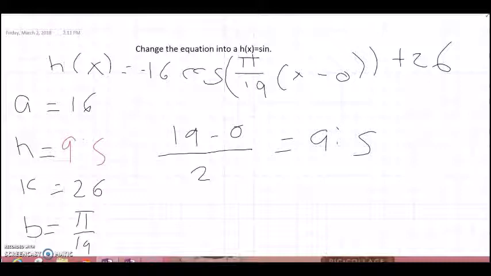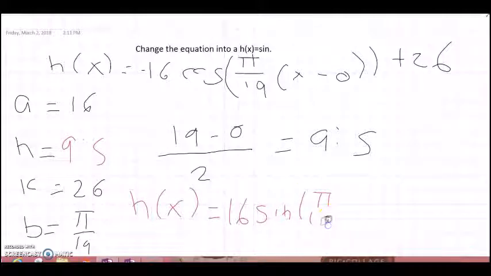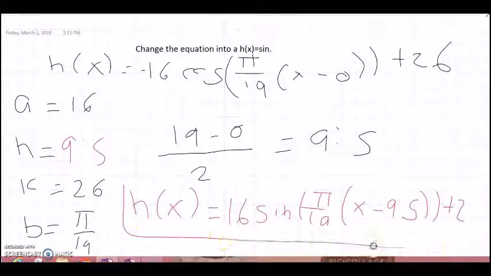And now we can put it together. So h of x is equal to 16 sine, because that's what we are turning it into, pi over 19 x minus 9.5 plus 26. So this would be our answer.